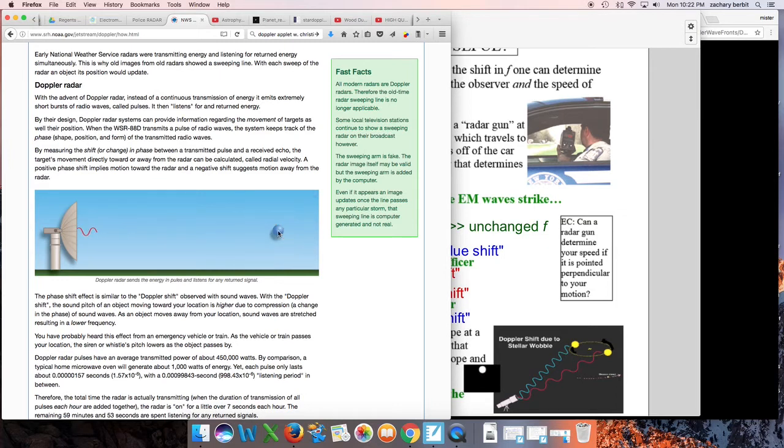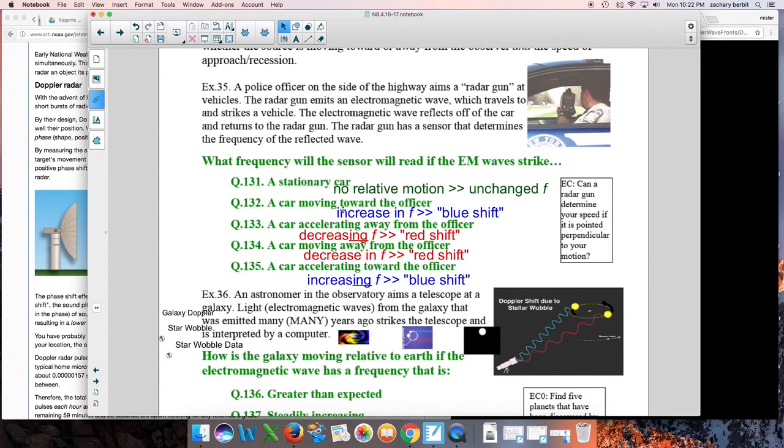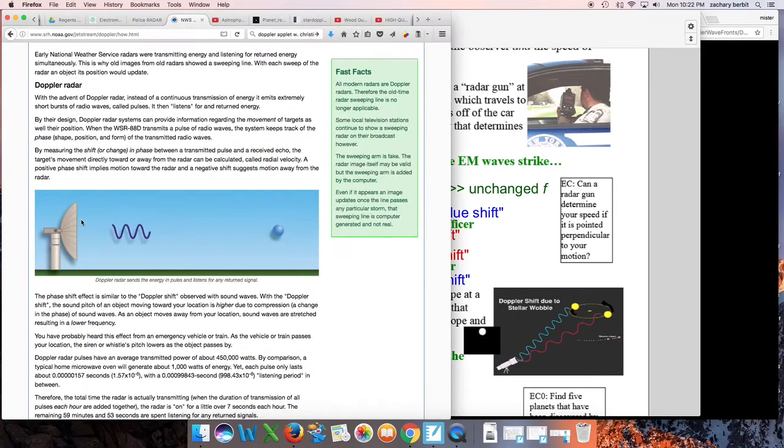Now, if it is moving toward you, toward the radar machine, you'll get a blue shift. So the frequency will actually return back to Doppler 4000 with a higher frequency. And so then you can simply say, oh, look, the cold weather or the clouds are coming towards us. If you get a red shift, a lower frequency returns, you say, oh, it's moving away.